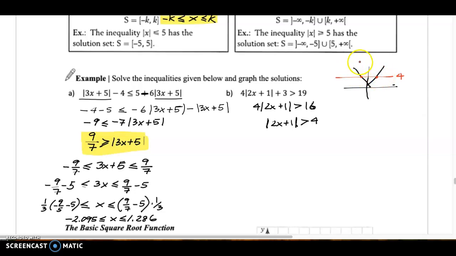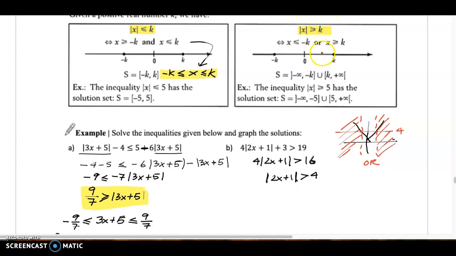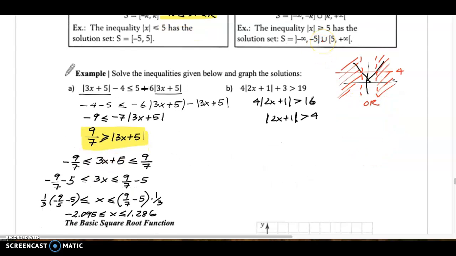Where are the solutions? Aha. It's going to be anything on that side or anything on that side. Notice I just used the connector, or. It's the or case, right? You can even see it right there. That's our or case.